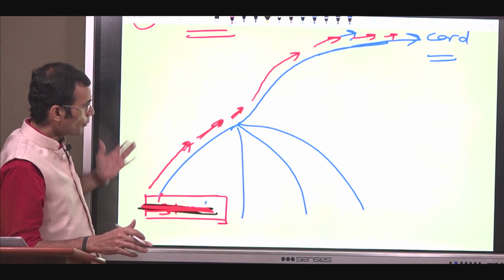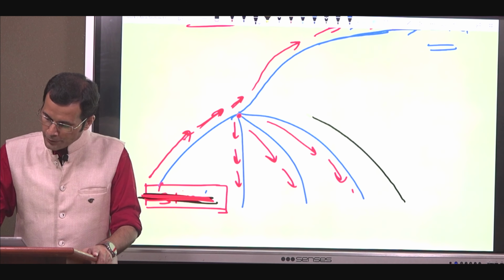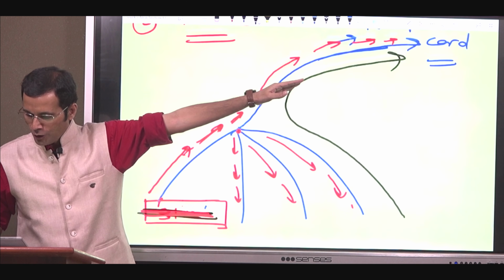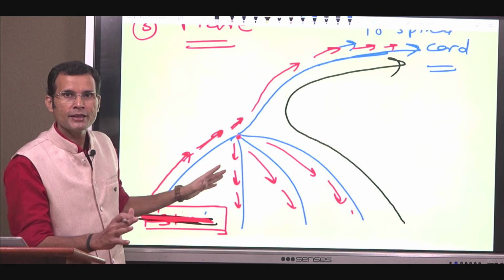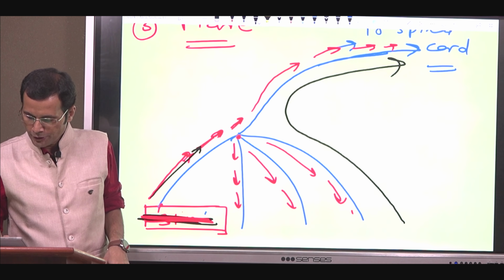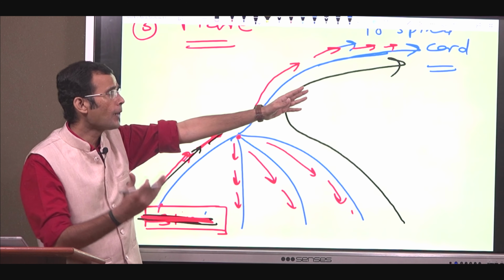But from the branching point, the impulses can come down like this. Look, this is an afferent neuron. It is expected to carry the impulses from the periphery to the center, to the spinal cord. But look at this, what is happening? You stimulated this area, impulses traveled up to the branching point, and impulses also went up to the spinal cord.